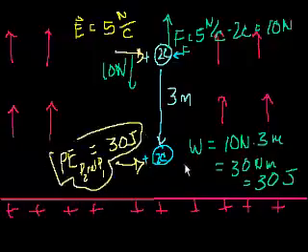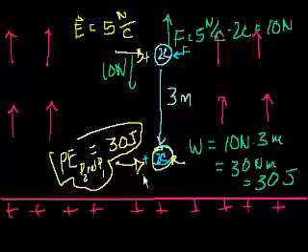Well, if we also knew the mass, let's say that this charge had some mass, we would know that if we let go of this object, by the time it got here, that 30 joules would be essentially, assuming none of it got transmitted to heat or resistance or whatever, all of it would be kinetic energy at this point. So actually, we could work it out.